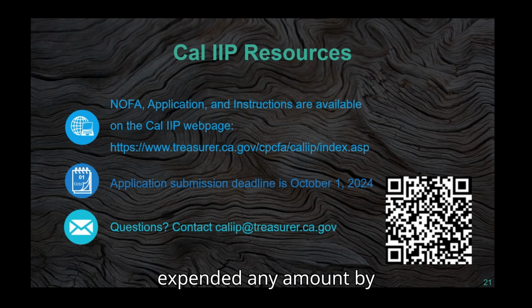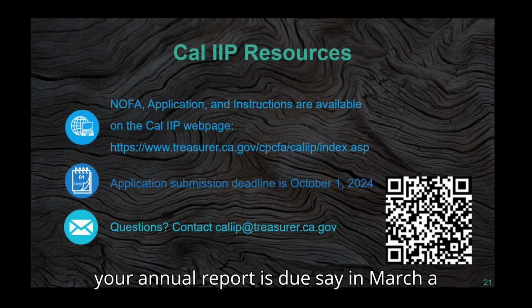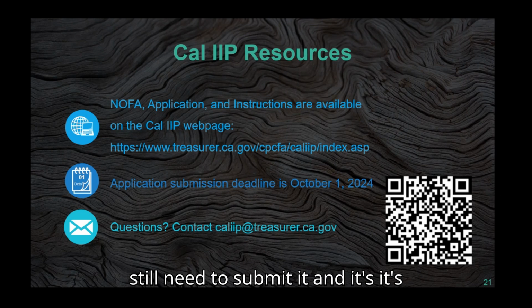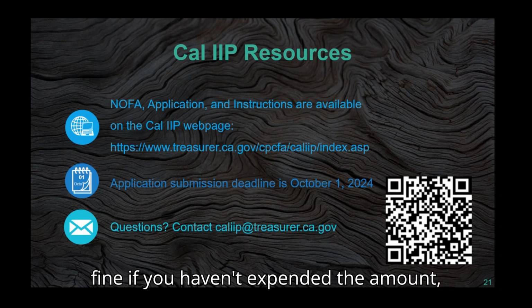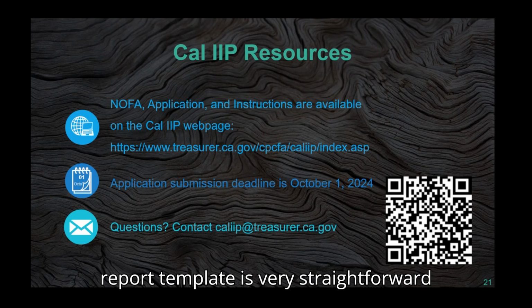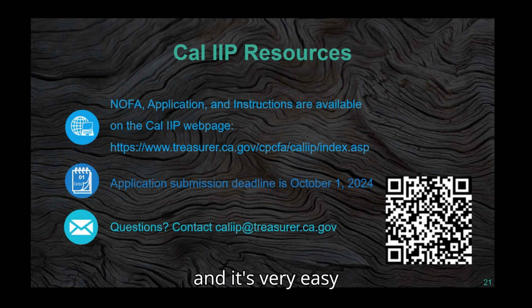Even if you haven't expended any amount by that date, so say your annual report is due in March, a month after, you still need to submit it, and it's fine if you haven't expended the amount. We just need an update. The annual report template is very straightforward and easy to fill out.